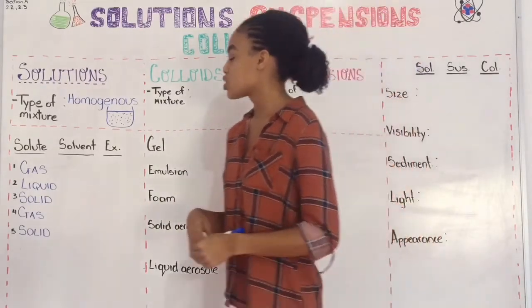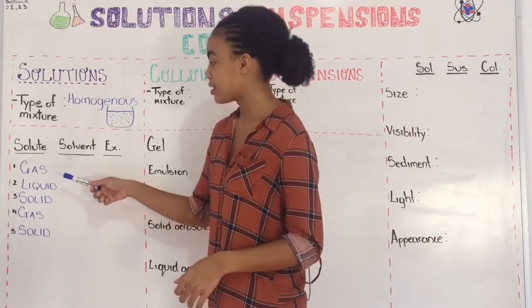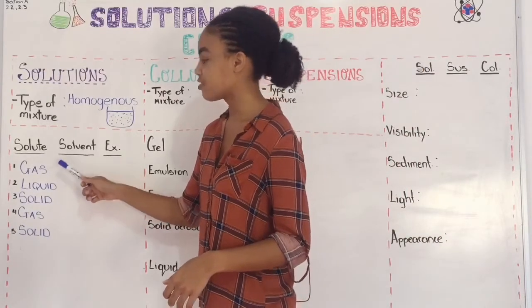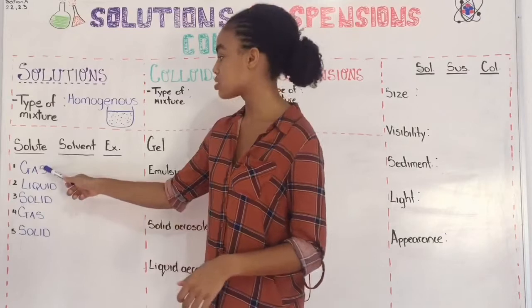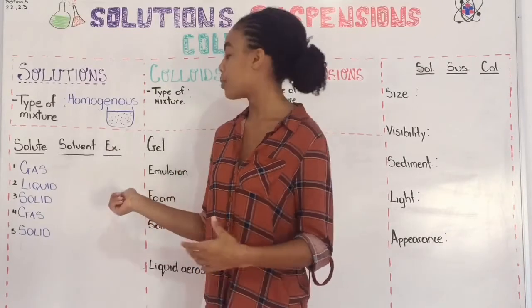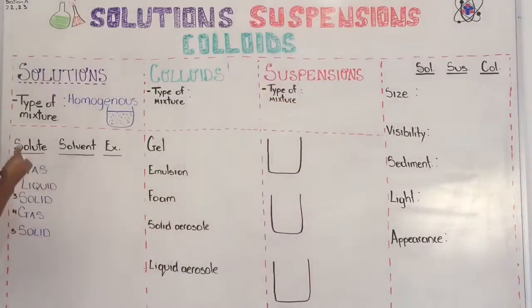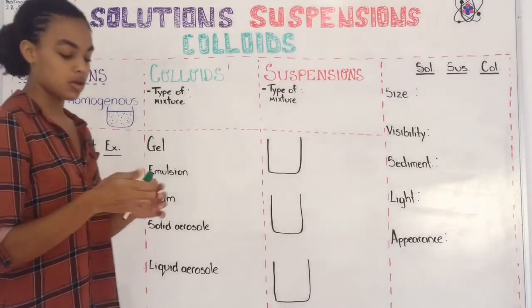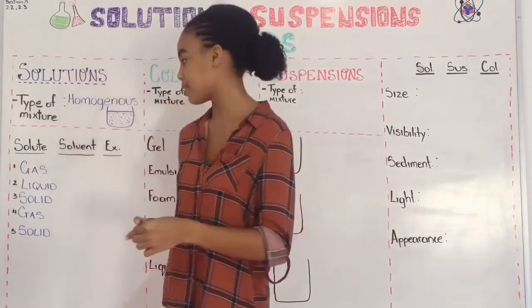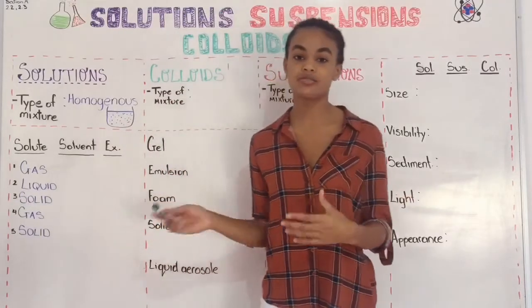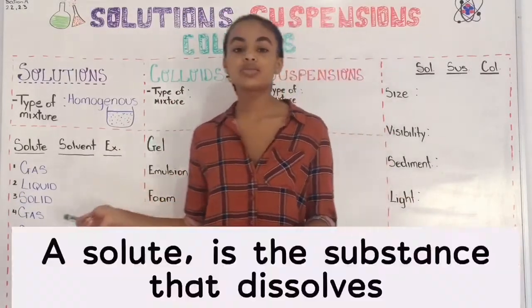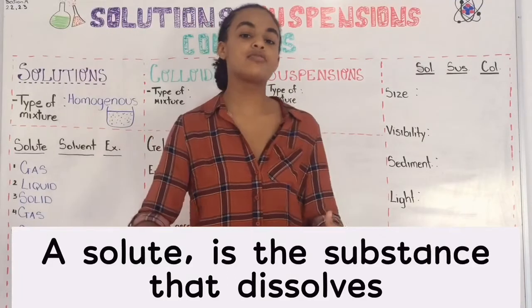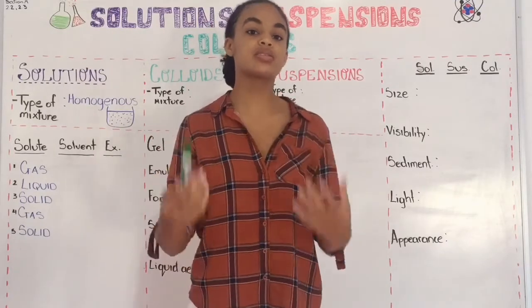Okay. So what we're going to do here, we're going to look at the different states of matter acting as solutes or solvents and give examples for each of them. Before we look at the examples, let me define what solutes and solvents are. A solute is a substance that dissolves in a liquid or another solvent.